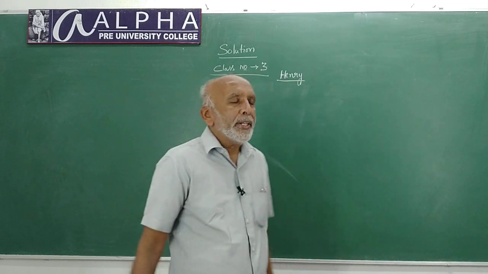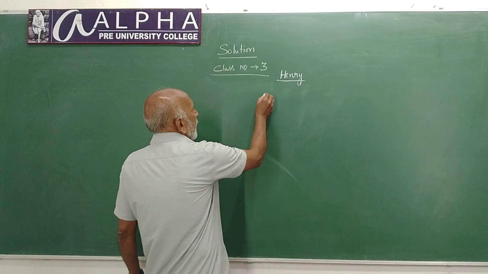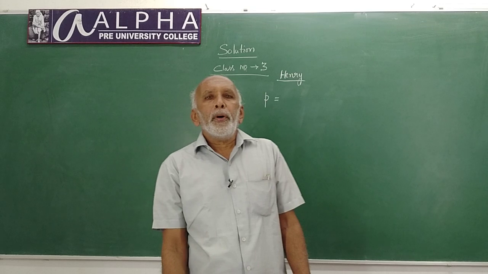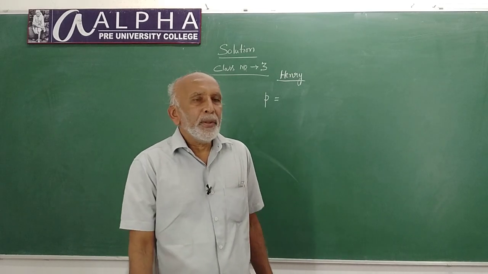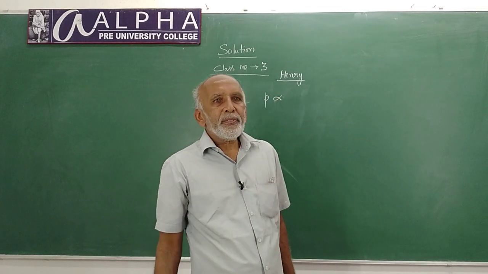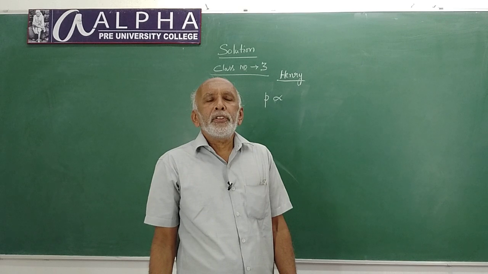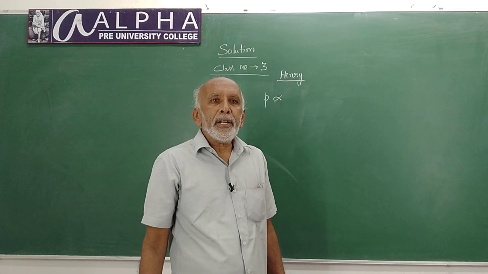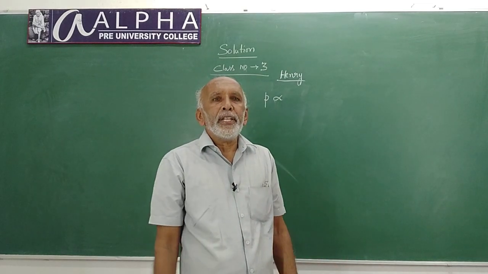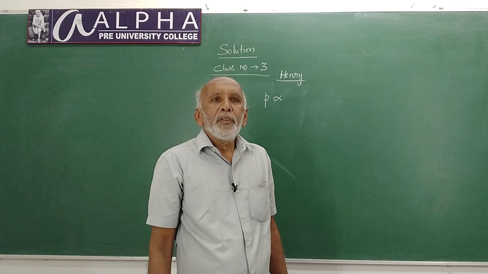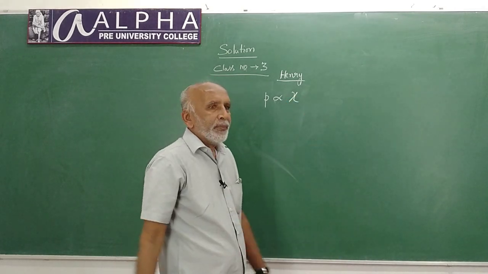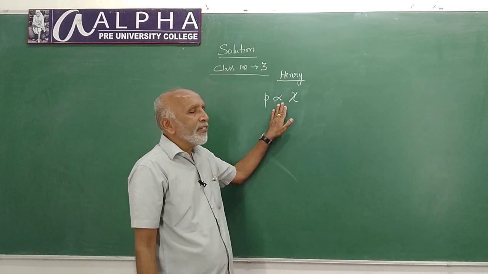Henry's law states that the partial pressure of the dissolved gas in its vapor phase, that is above the surface of the solution, is directly proportional to the amount of gas dissolved in the solution, that is the mole fraction of the dissolved gas, chi.